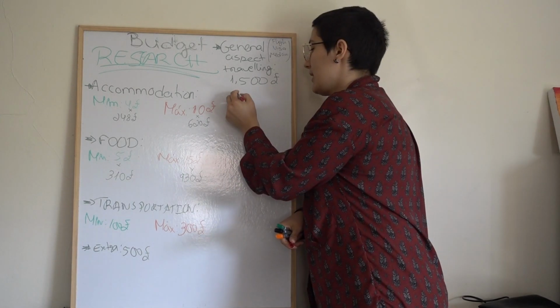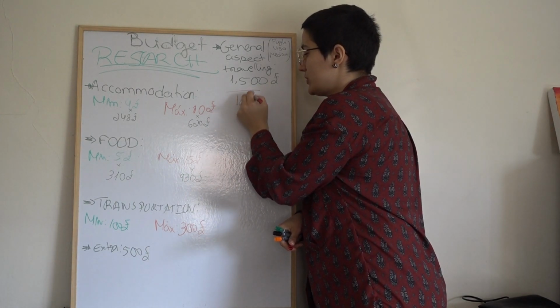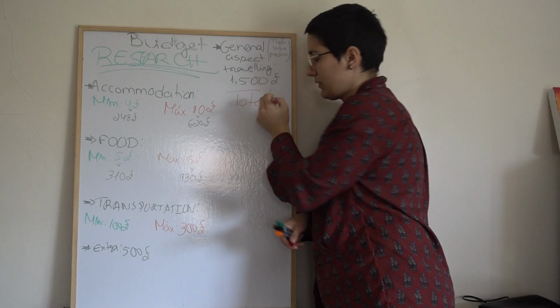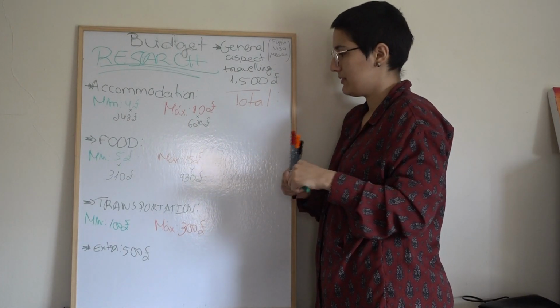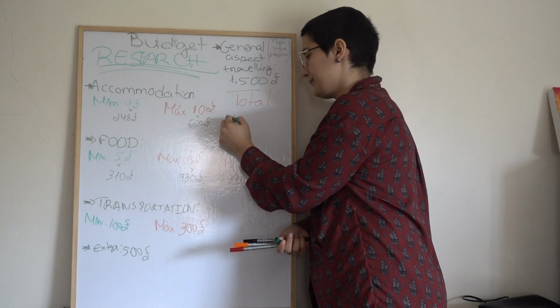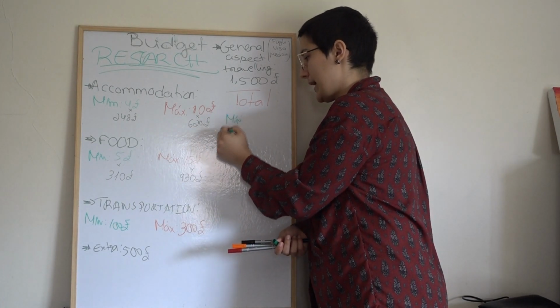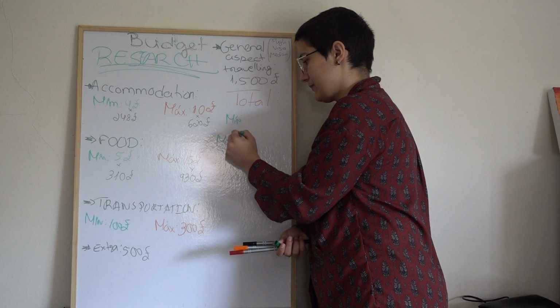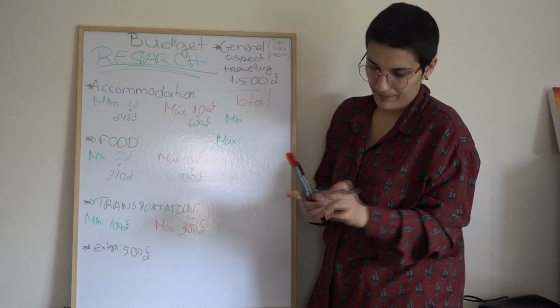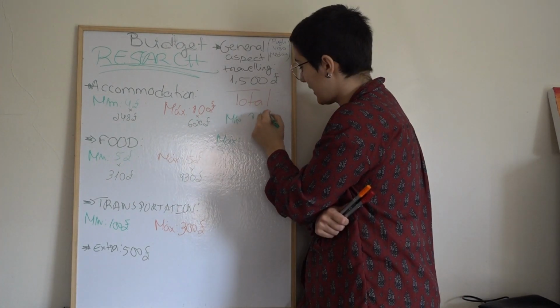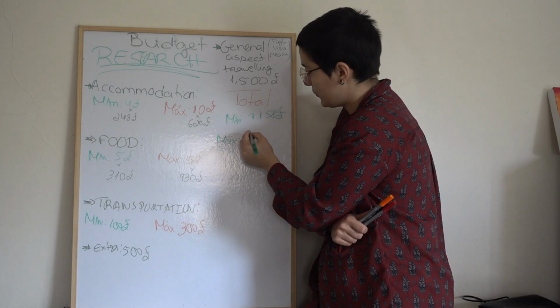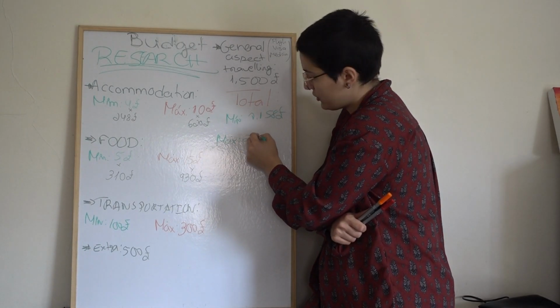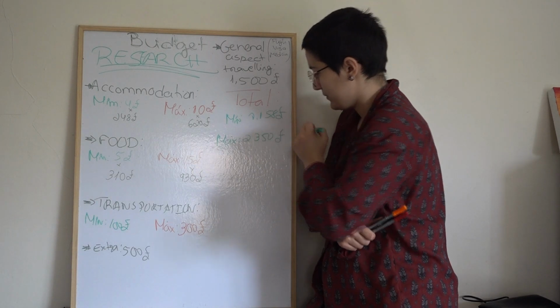So then I do the total. If I was going to spend the minimum and the maximum on the trip, 1,158 pounds, and the maximum would be 2,350 pounds.